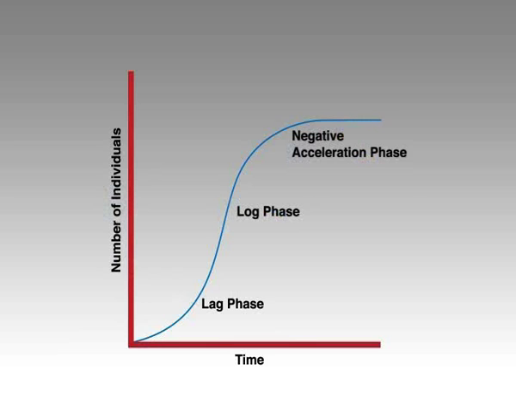After the negative acceleration phase, the size of population fluctuates according to the variability of the environment. This phase at which no further increase or decrease occurs is called equilibrium phase, and at this stage the birth rate is almost equal to the death rate.